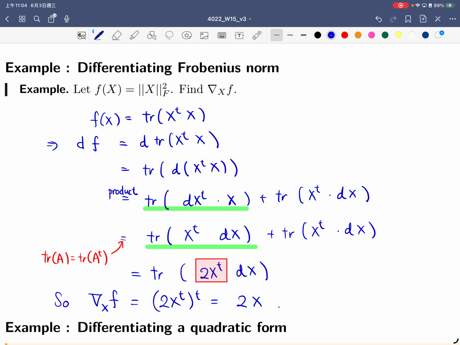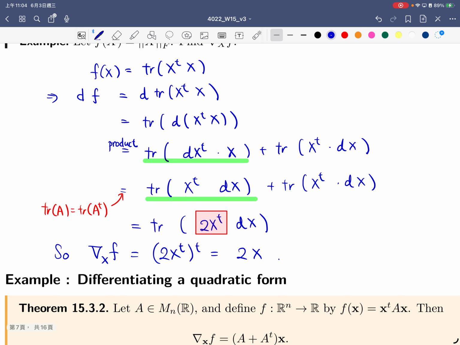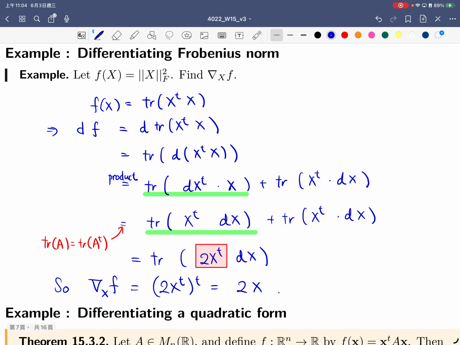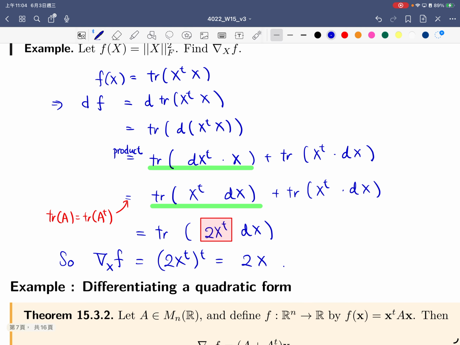Okay, so you get 2x. Okay, so this is another example differentiating the Frobenius norm.